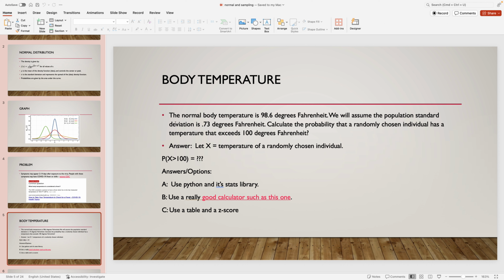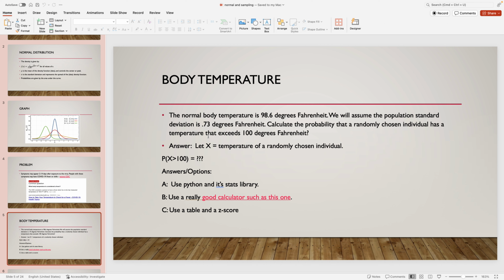And so here, the normal body temperature is 98.6 degrees Fahrenheit, and we're going to assume a population standard deviation of 0.773 degrees Fahrenheit. Our goal is to calculate the probability a randomly chosen individual has a temperature that exceeds 100 degrees Fahrenheit under these conditions.